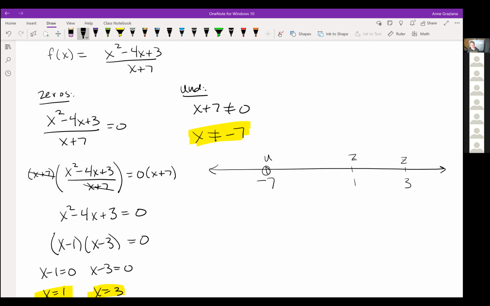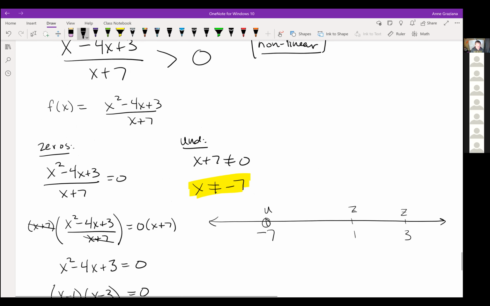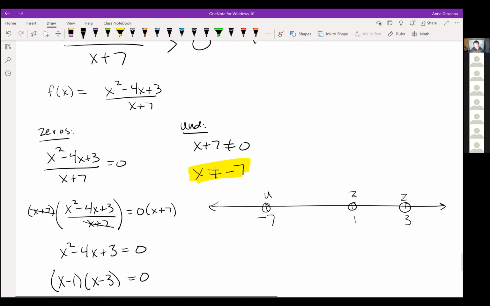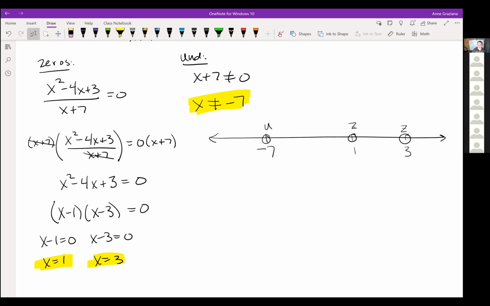Are there any questions about how I got that? About solving for that? Are my zeros included? No. FYI, for log functions, they're never included, because it's always strictly greater than.